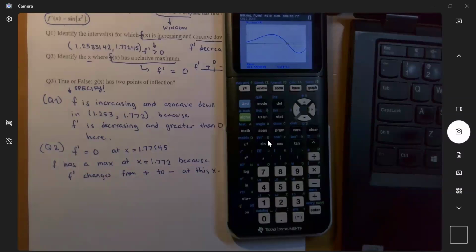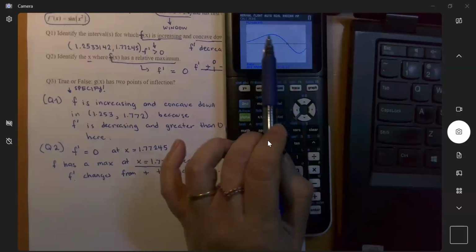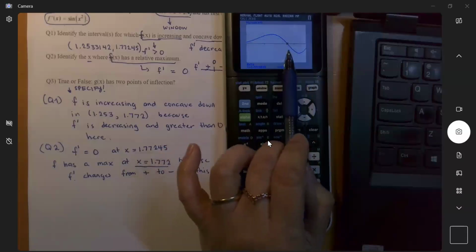Okay, that's your justification. Your answer will be this one. But you have to be specific. You want the max of F, not the max of F prime. So F has a max at this x, because that is where your first derivative is equal to 0, meaning your F function changes from increasing at the top to decreasing.